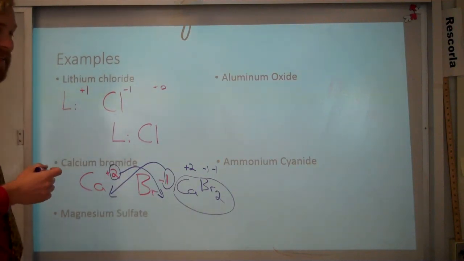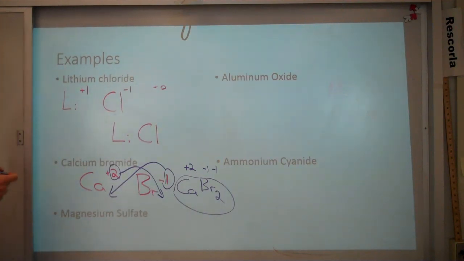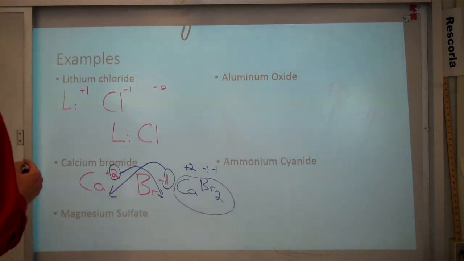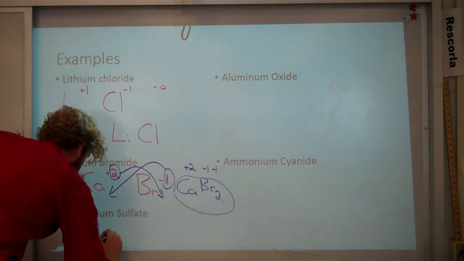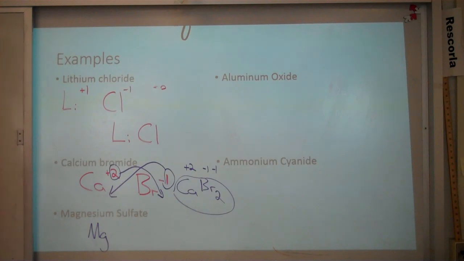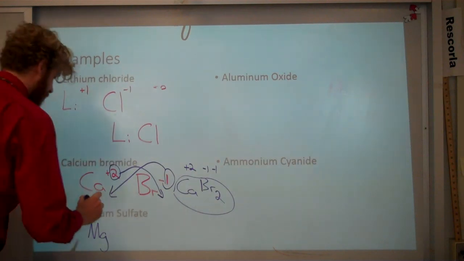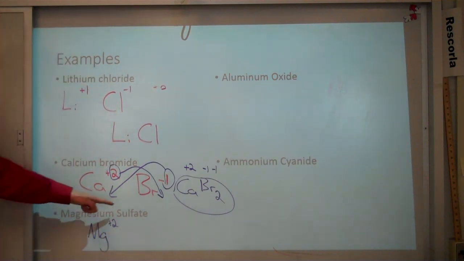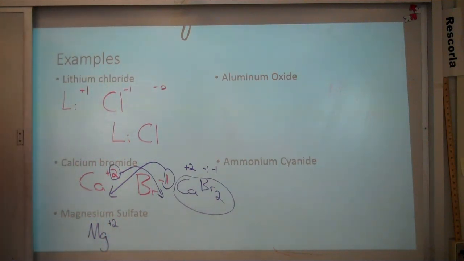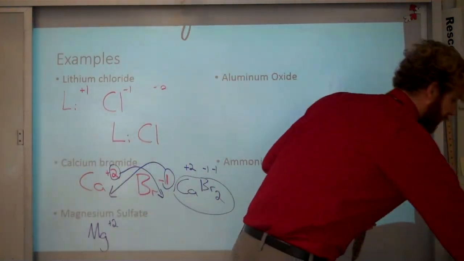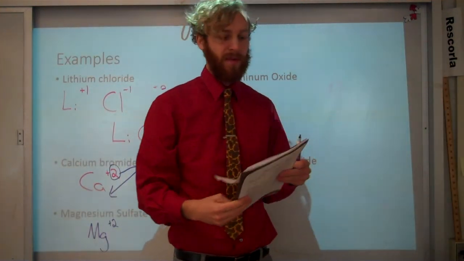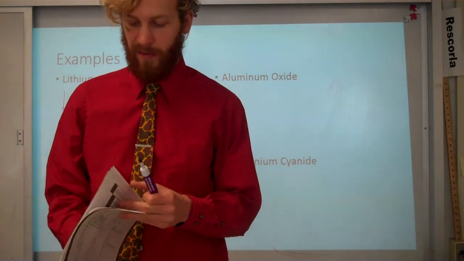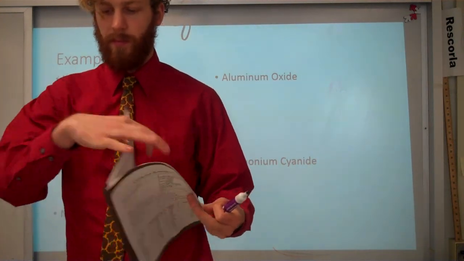Another one, magnesium sulfate. So we know that magnesium is Mg. The charge of magnesium is +2. Now for sulfate. Sulfate is not on the periodic table. It is one of those polyatomic ions, so we have to find this on our reference table.